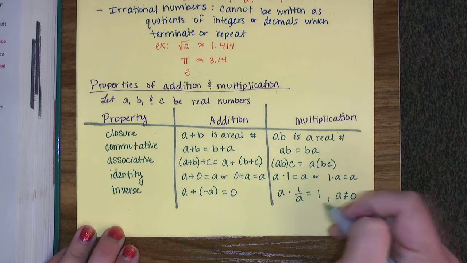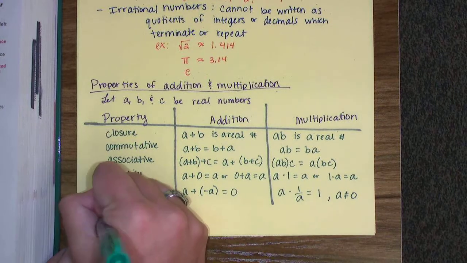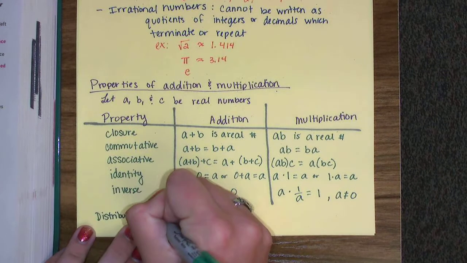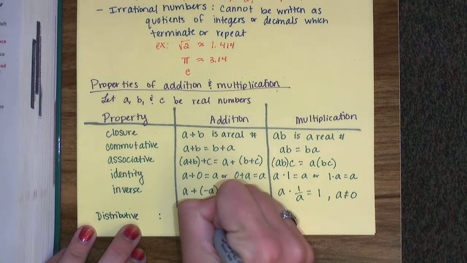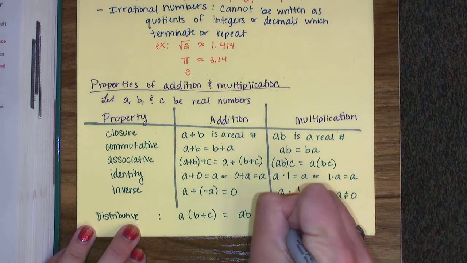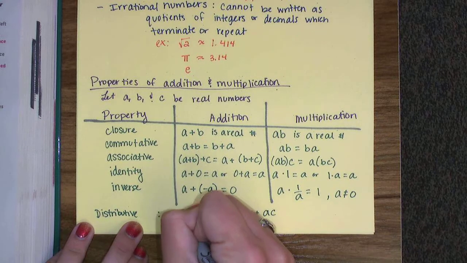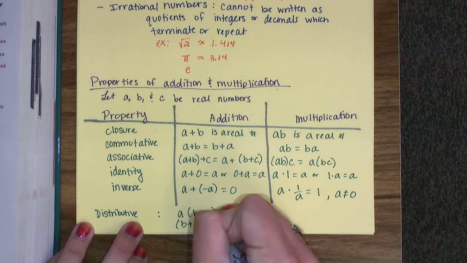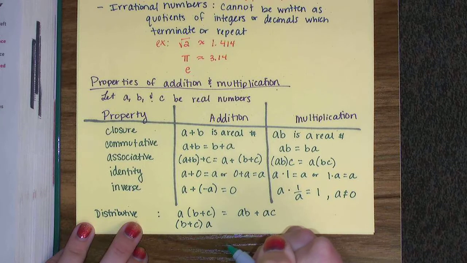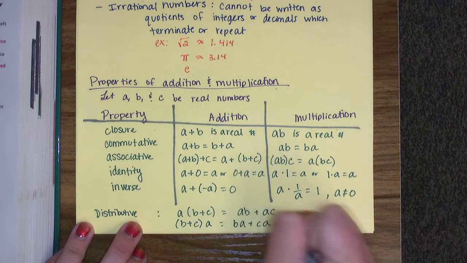So then a property that uses both of these, which I know you've heard of before, is the distributive property. In this one you have A times (B plus C) is equal to A times B plus A times C. Or the other way you could write it, which is a lot weirder to write it this way, but you still can do it, is (B plus C) times A is equal to BA plus CA.